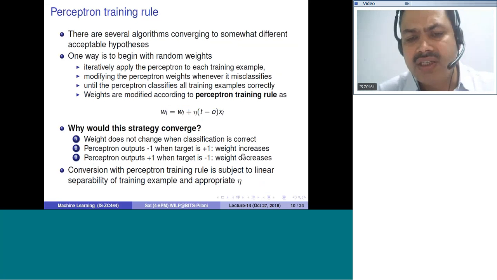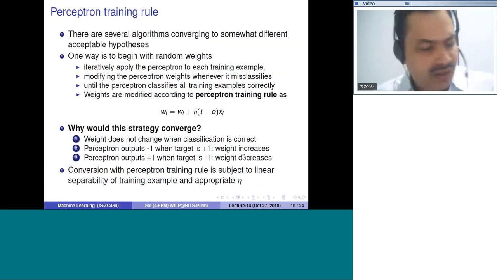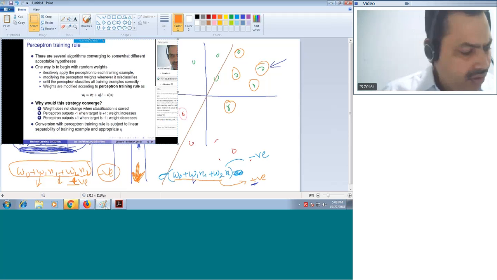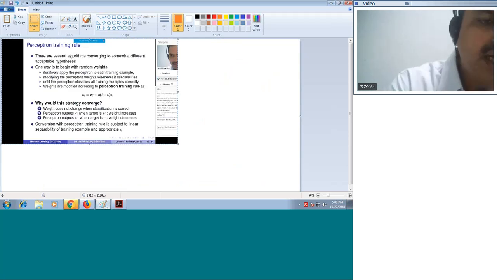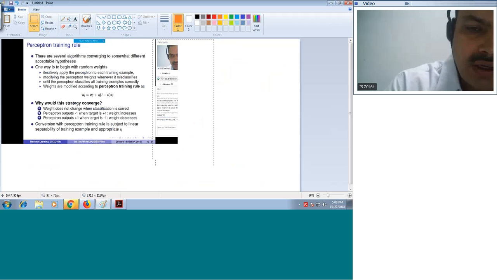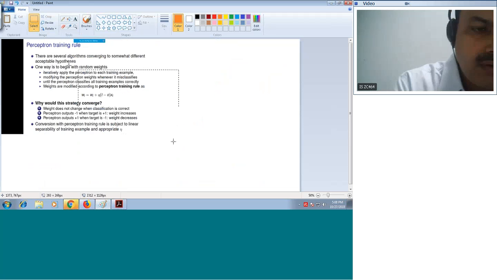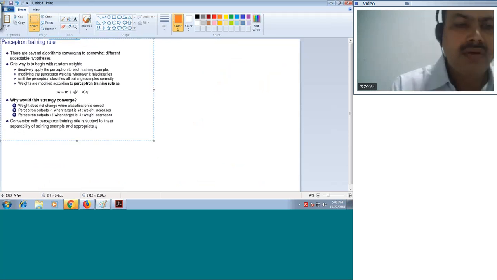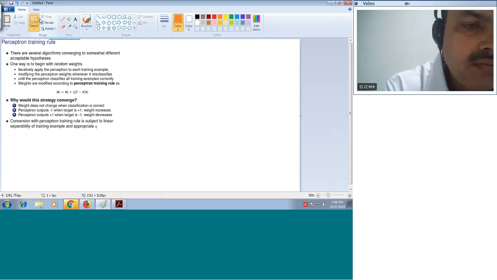This is the one way to decrease. Initially you have the weight, and let me also show this particular formula so that it becomes clear to you. I have given you a formula, the perceptron training rule.